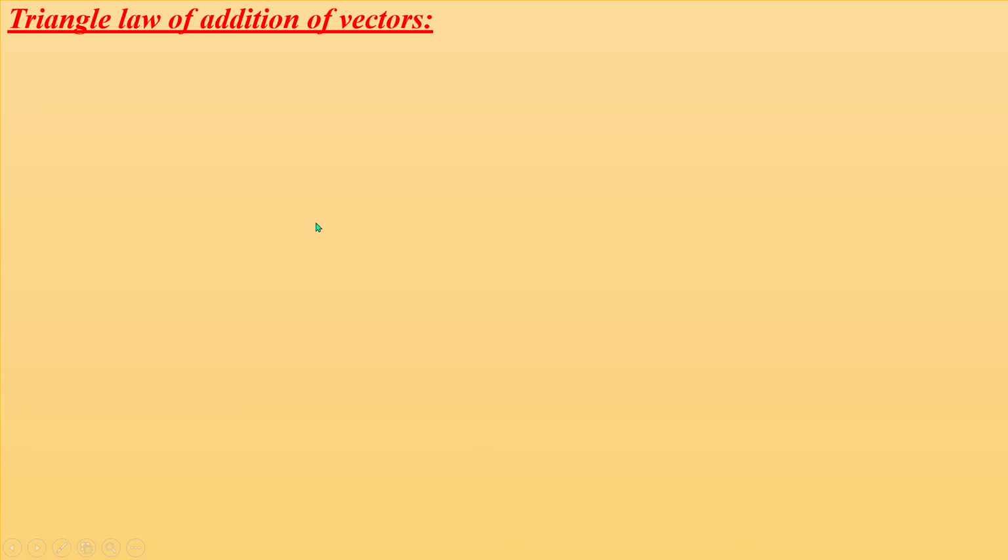Triangle law of addition of vectors. Let PQ be a vector equal to vector A and another vector QR be vector B. That means the terminal point of vector A and the initial point of vector B are the same.